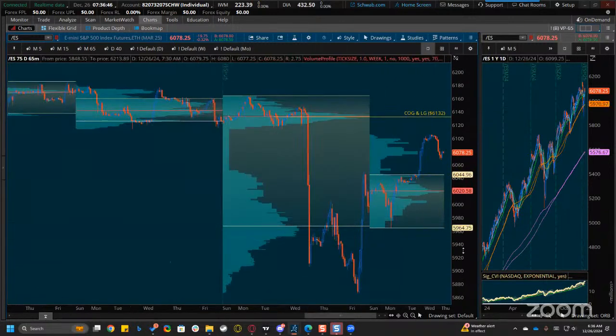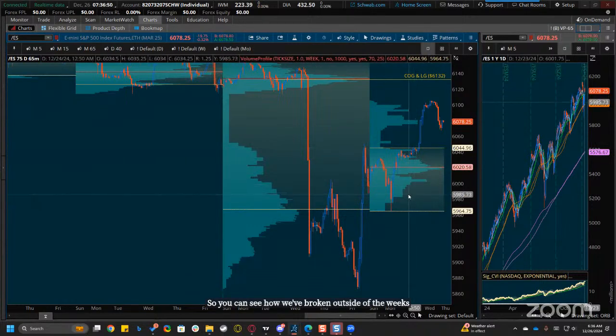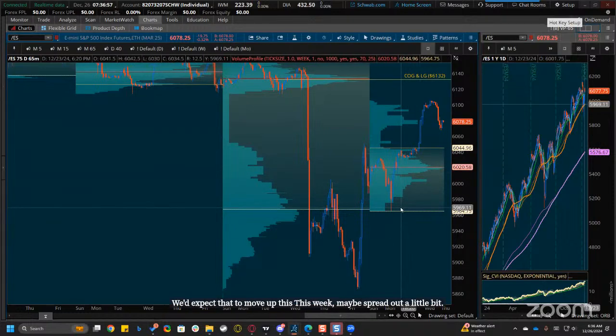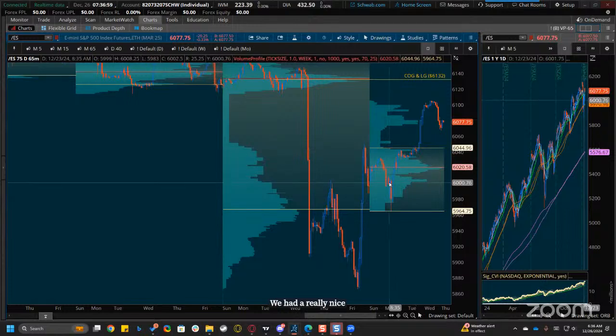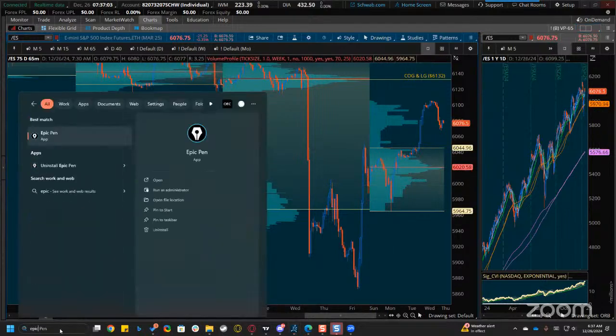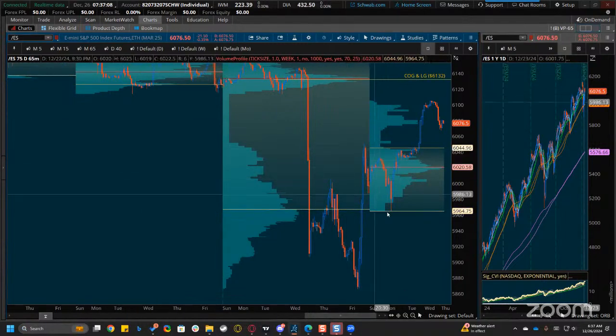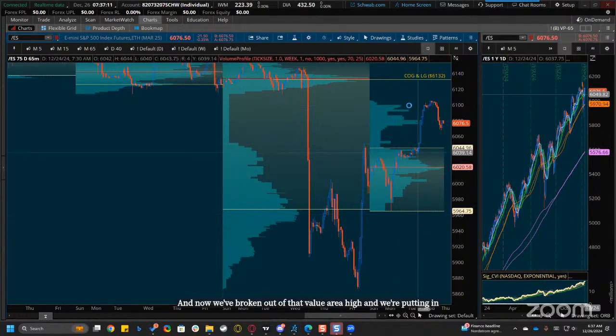So you can see how we've broken outside of the week's range and volume. We'd expect that to move up this week, maybe spread out a little bit. We had a really nice distribution in the lower portion. And now we've broken out of that value area high, and we're putting in a new distribution in the upper level.